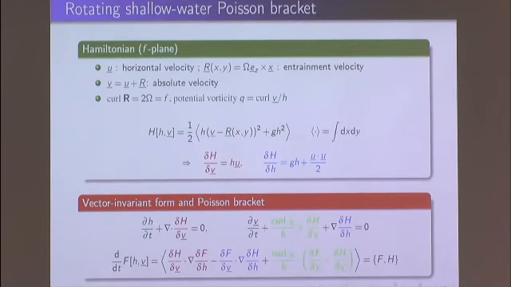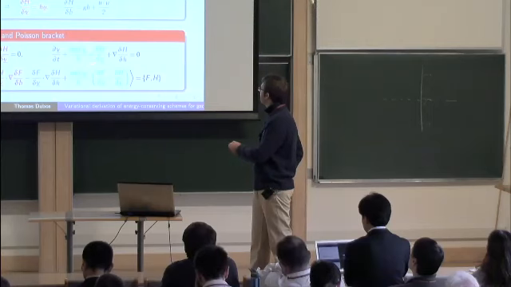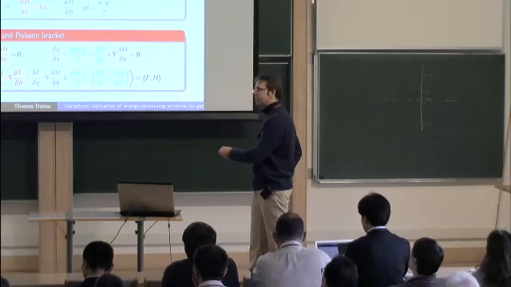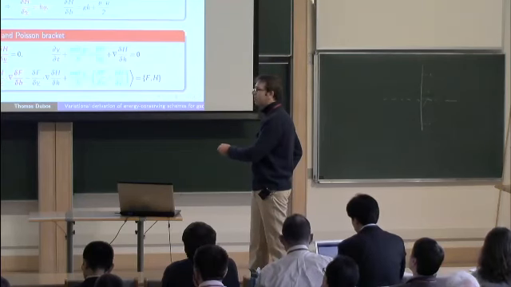So now, just using the chain rule of derivation, any function which depends on the height field and the absolute velocity field will evolve according to this. So basically, the green term results from that one, the blue term from that one. Now this one comes from this one, but I have done an integration by parts to obtain antisymmetry.